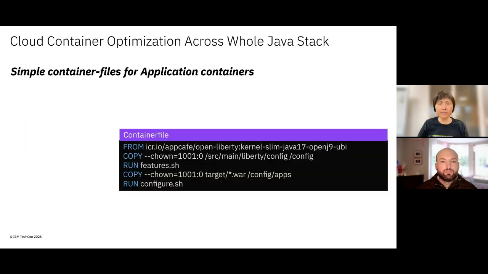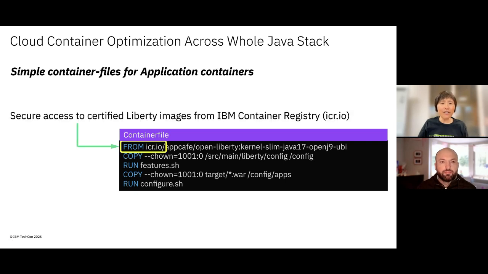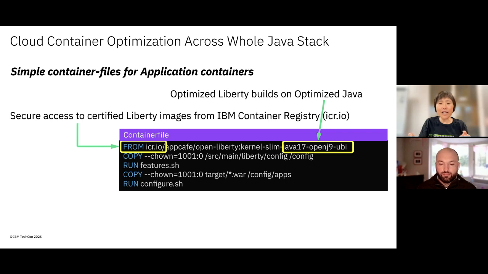Next, please. This is what I mentioned earlier, the Dockerfile. We have the IBM Container Registry to host Liberty's Docker image, and that's the first part. The second part is the tag.